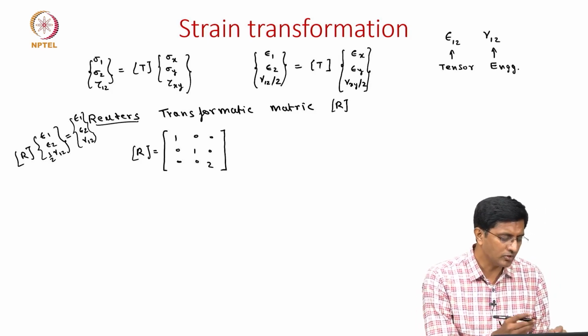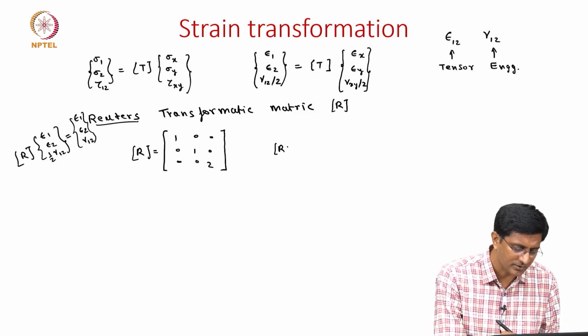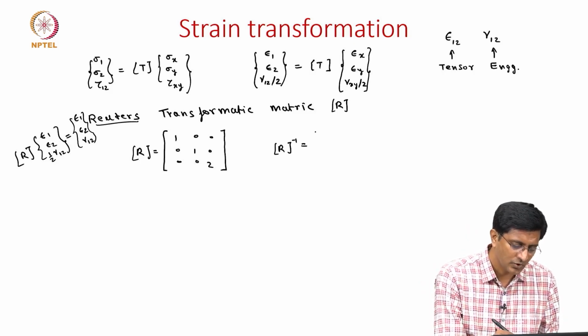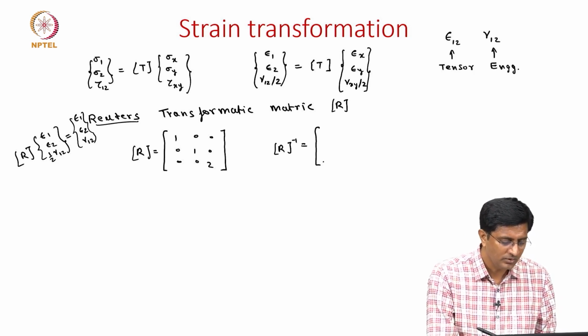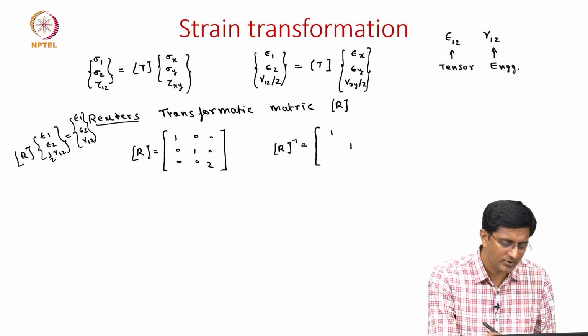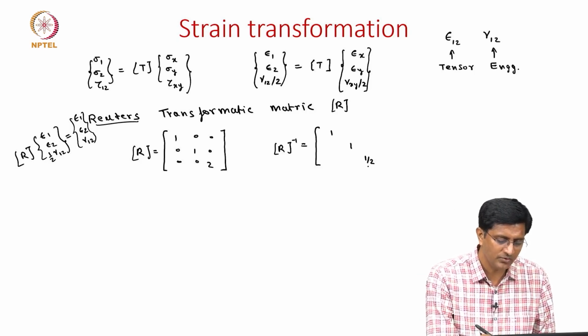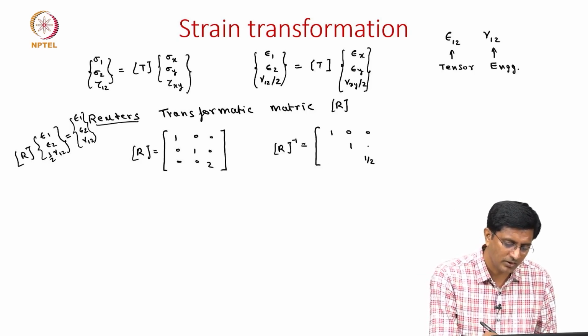But sometimes you may also want to go the other way. So, for that let us define what is R inverse. How do we write R inverse now? It will be almost the same. The only difference is the diagonal elements will be 1 half. Instead of 2, we will replace it with half. The rest all again going to 0.